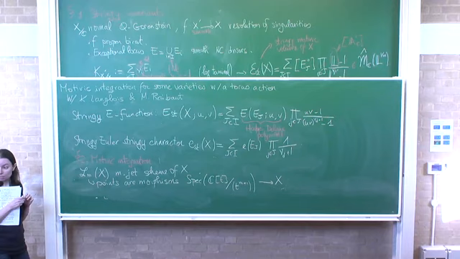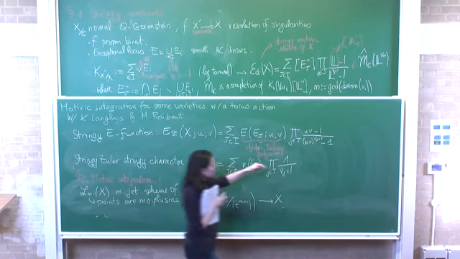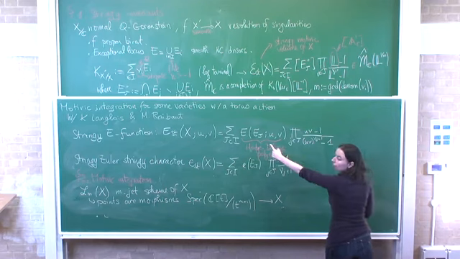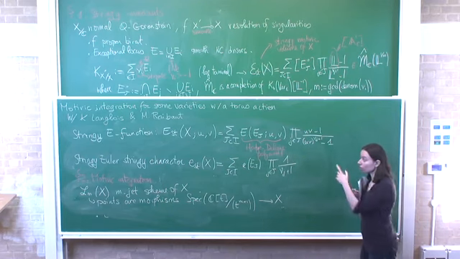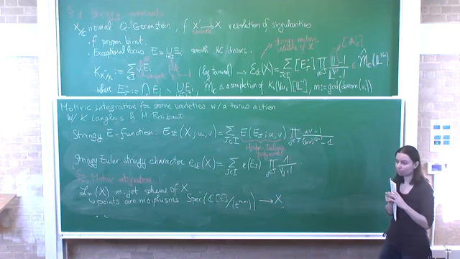On that, you can choose the m as you want, right? As long as it's bigger than... Obviously it cannot depend on the resolution. I agree, it's not obvious now why it doesn't depend on the resolution. It's not obvious at all. But it's proved in this paper of Batyrev that it doesn't.